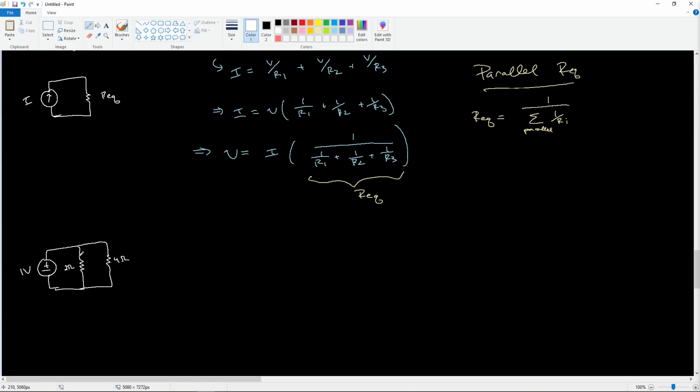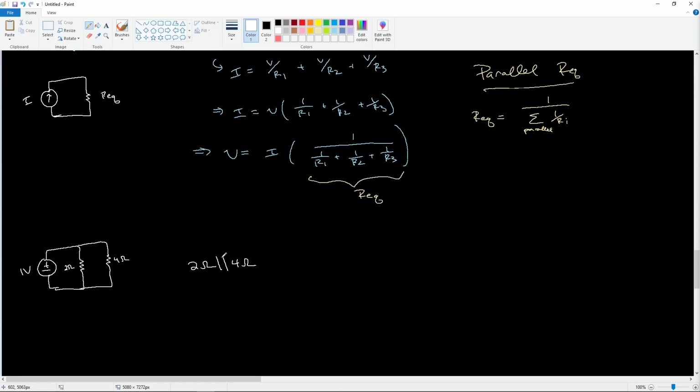I want to label these two as resistors in parallel. So we could say that the 2 ohms is in parallel with the 4 ohms. This symbology, with 2 parallel lines in between them, is a way to condense saying that these are in parallel.